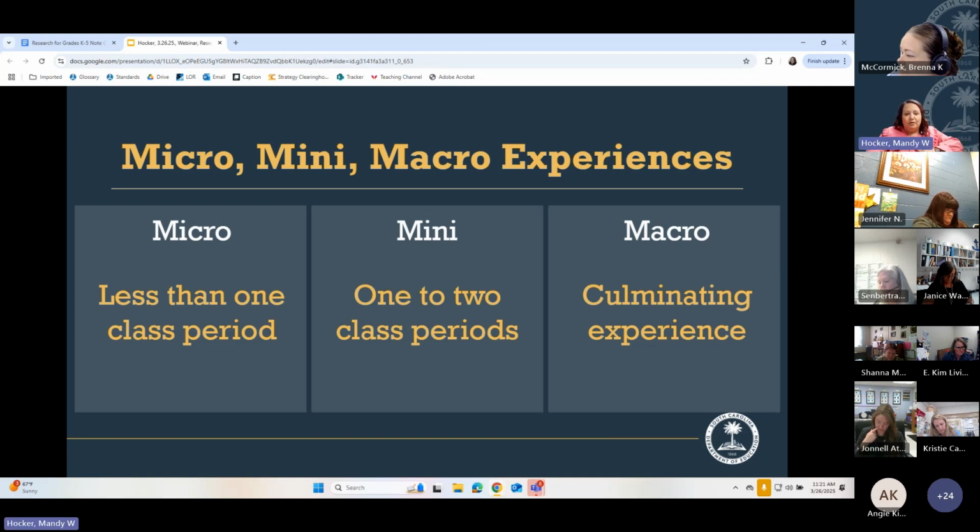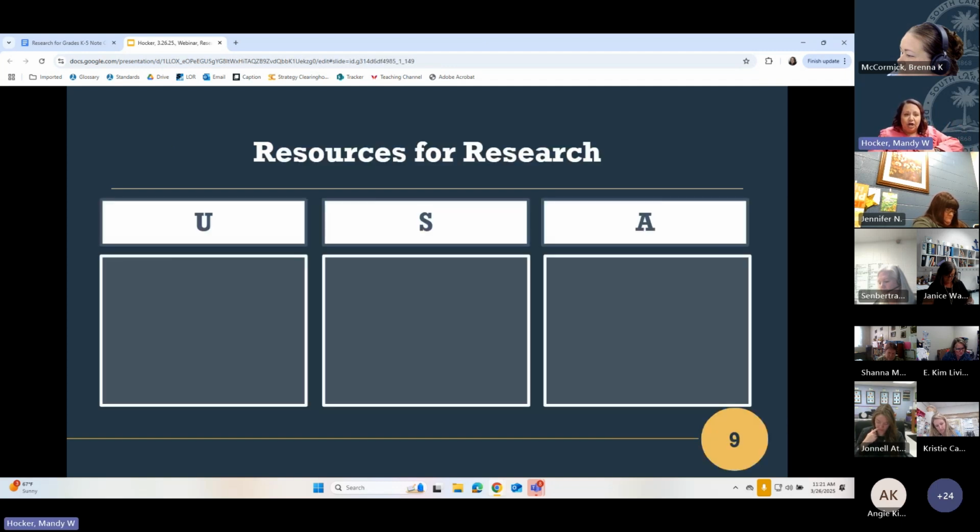What we want you to do now is to explore some research resources. So on your note catcher, and I think Brenna's going to also drop it into the chat, you'll get a folder. And in the folder are some micro, mini, and macro research experiences. What we'd like for you to do for the next 5 to 10 minutes is just to explore those resources using the USA protocol.